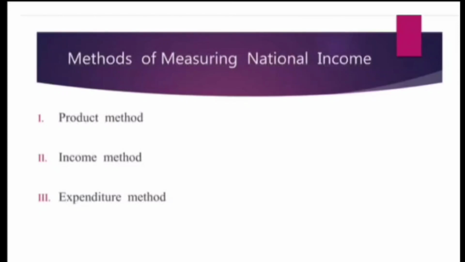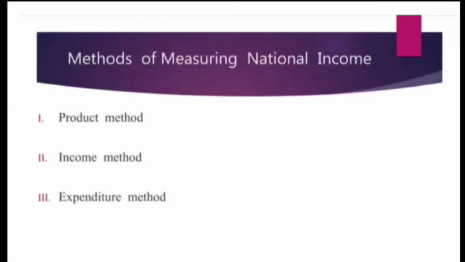Consumption expenditure is the largest component of national income. It includes all expenditure on goods and services produced and sold to the final consumer during the year. Investment expenditure: investment is the use of today's resources to expand tomorrow's production or consumption. The third one is government expenditure.